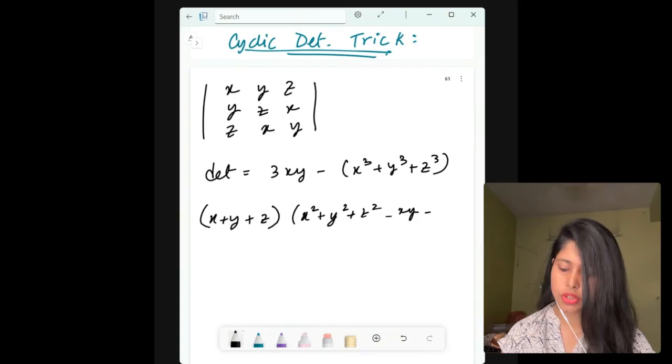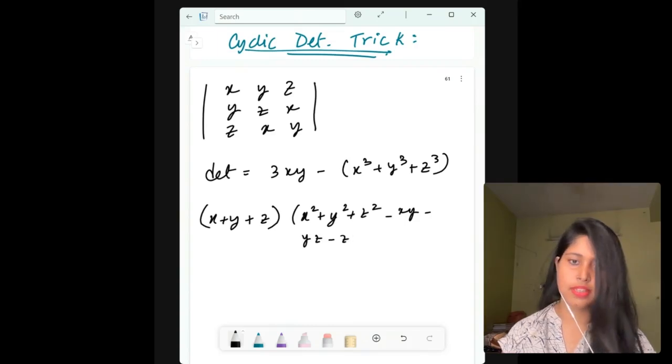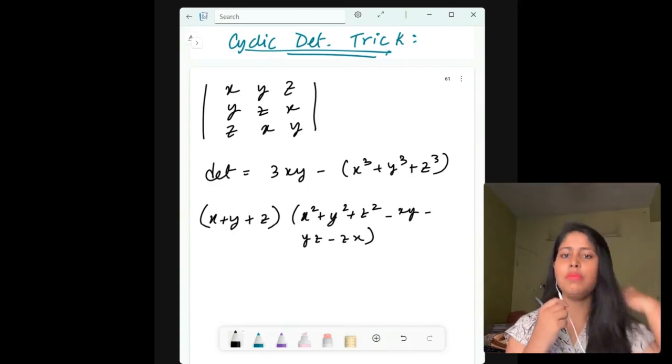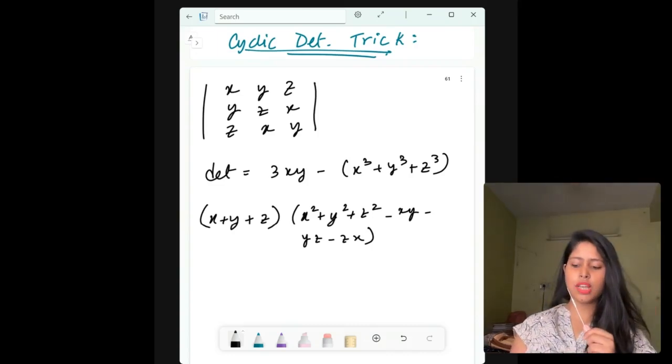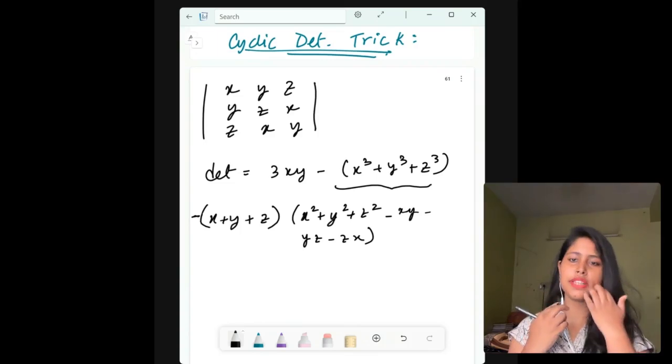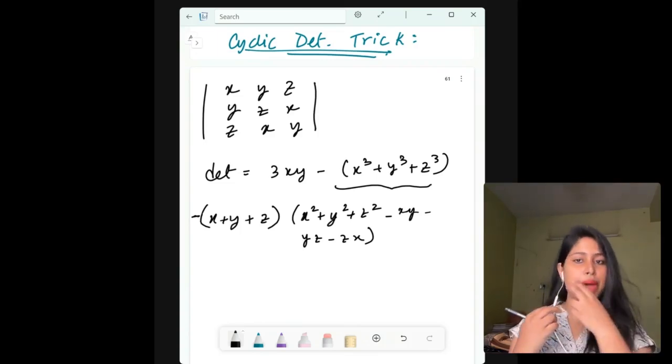So this basically computes to that formula. Here there is a minus, so you can write a minus here. So this is the determinant of these cyclic matrices.